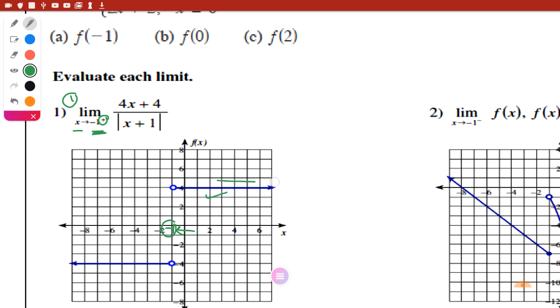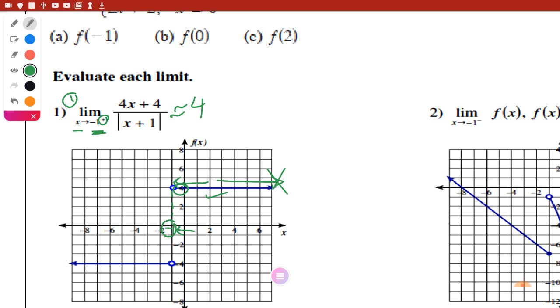That is why I don't go in this direction. No, I go in this direction to reach above -1 or below. That is according to the curve of the function. If it is above, I'll go above. If it is below, I'll go below. Then take the value of y because the limit is what?